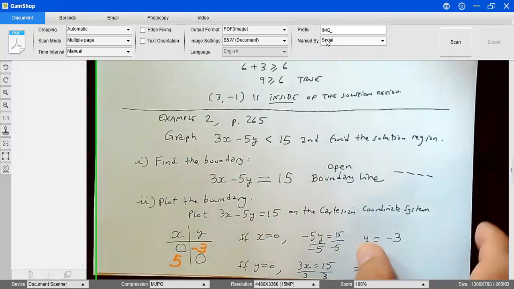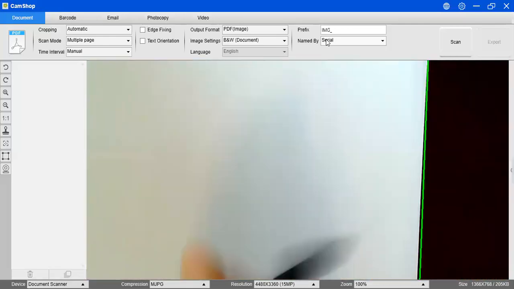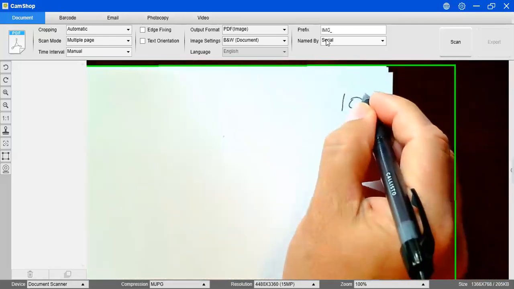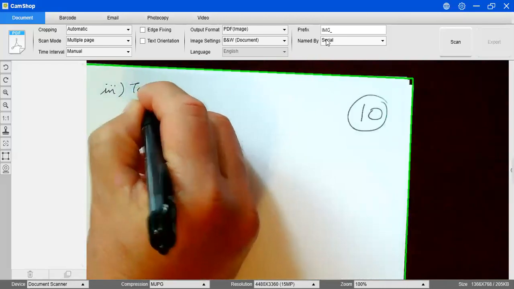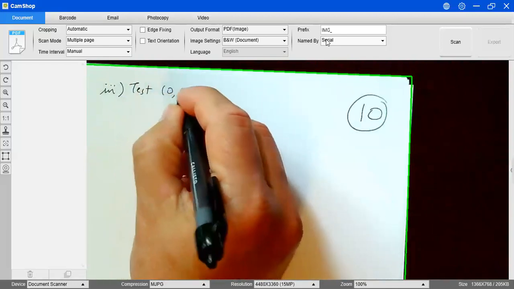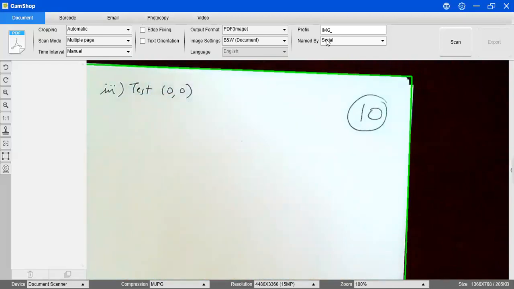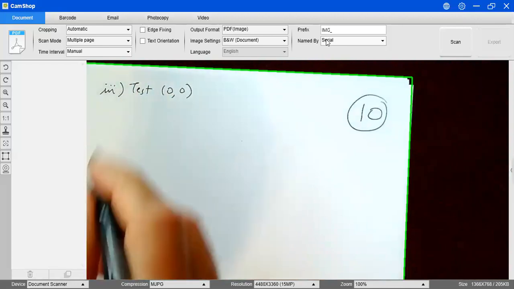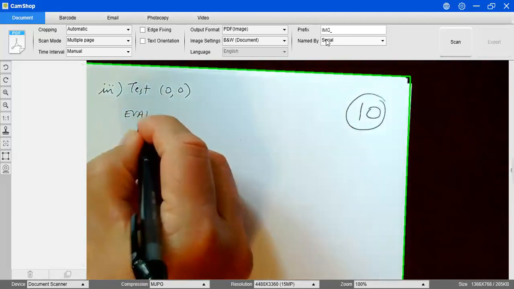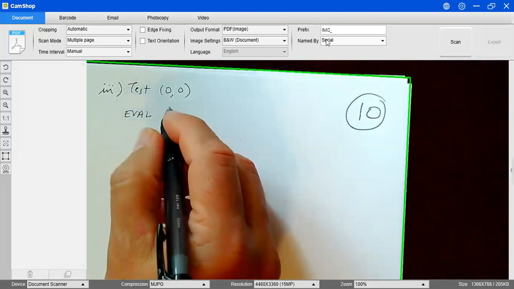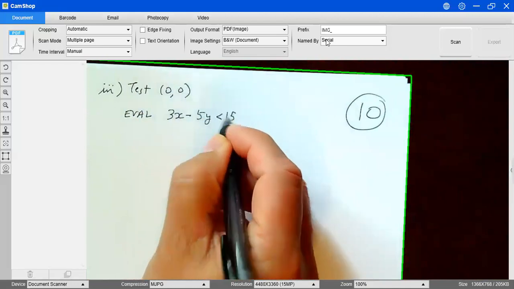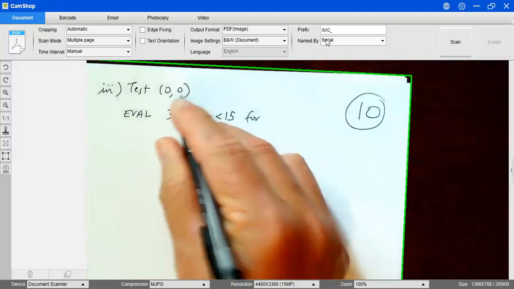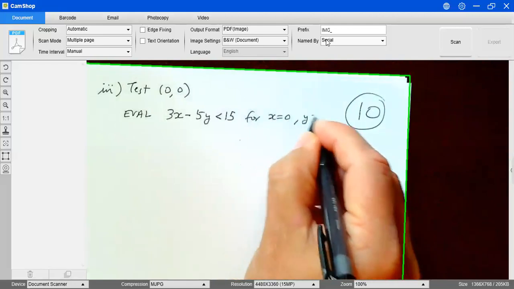The next step is just finding whether 0, 0 is part of the solution. So let's do that. We're going to test 0, 0 to see whether that's part of the solution. We evaluate the inequality 3x minus 5y less than 15 for x equals 0 and y equals 0.